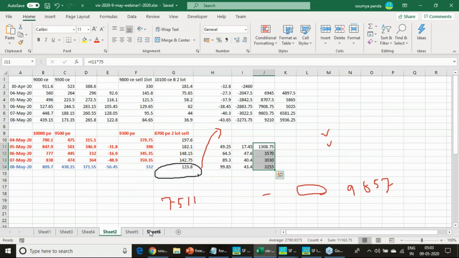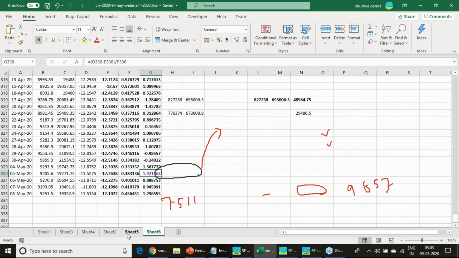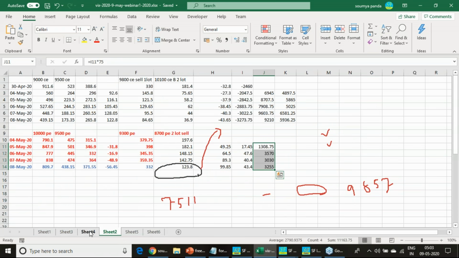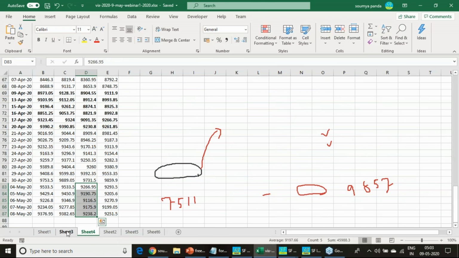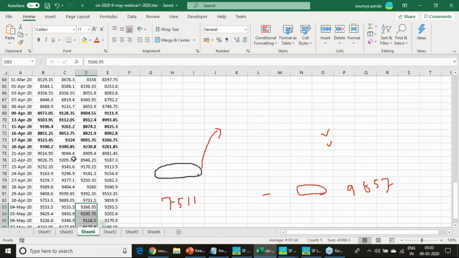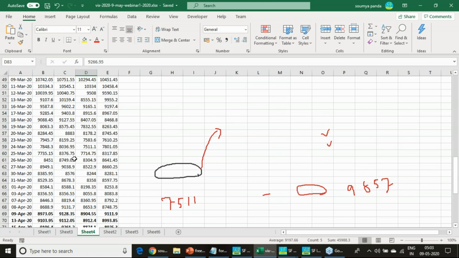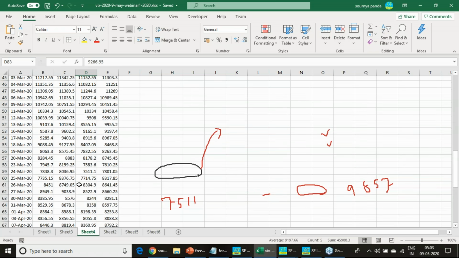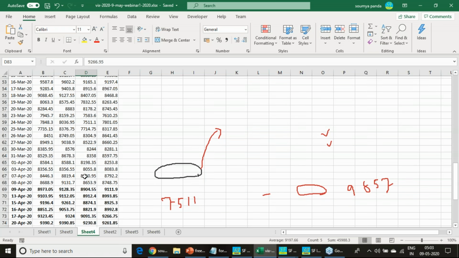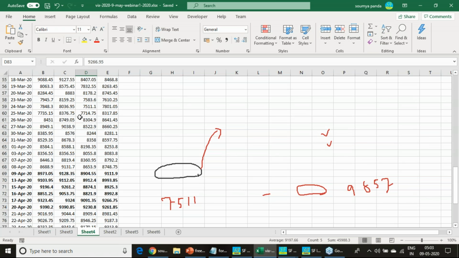However, the market has not completely accepted that low. Rather, Nifty made a low of 7511.1 on the 24th March.